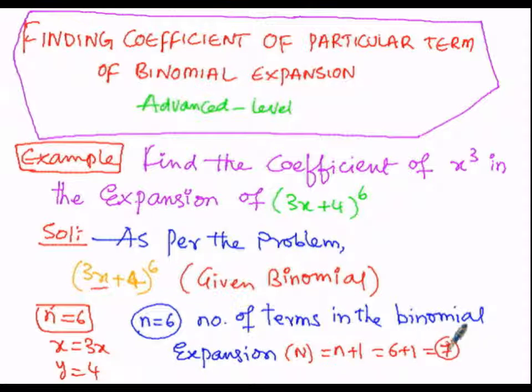So in this manner we got capital N. Capital N is equal to 7. This capital N indicates the number of terms of the binomial expansion.